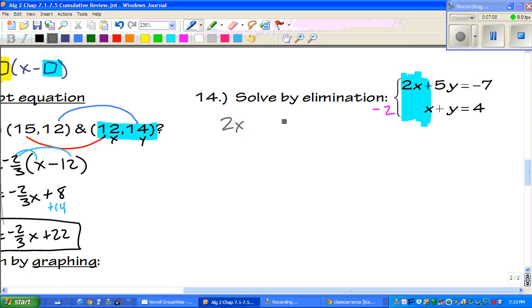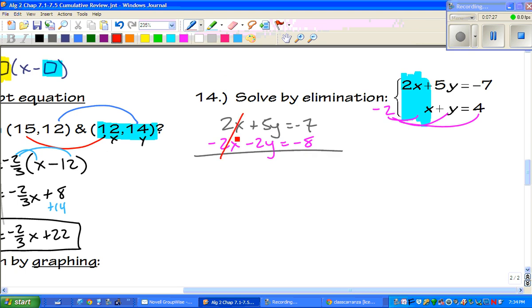So I'm going to rewrite the top equation, 2x plus 5y equals -7. And now I'm going to distribute and get -2x minus 2y equals -8. When we add those up, those cancel, and we get 3y equals -15.